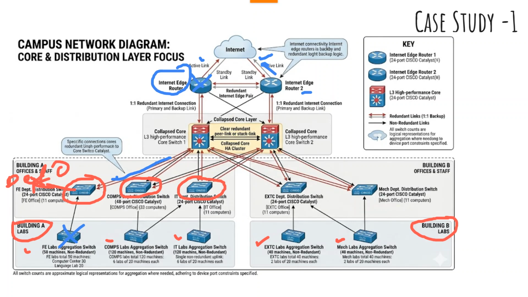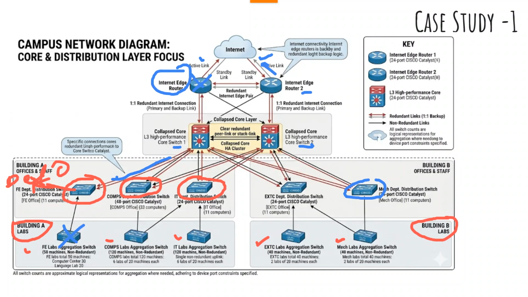The core switches are connected to each other, and these core switches are also connected with the different aggregator switches. Like right now if you see this switch, this is connected to core switch 2, and with this link it is connected to core switch 1 also.